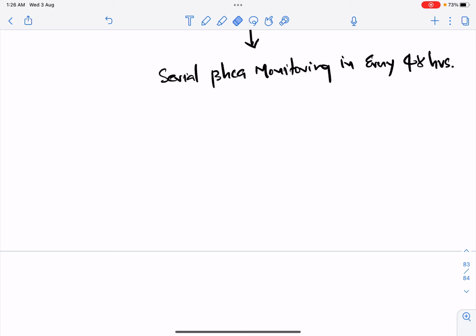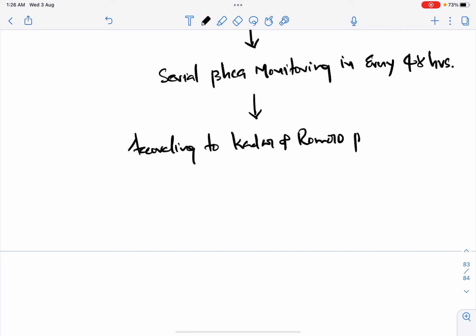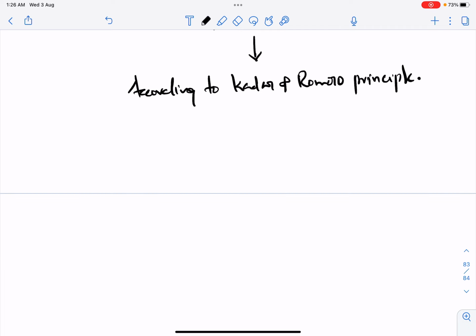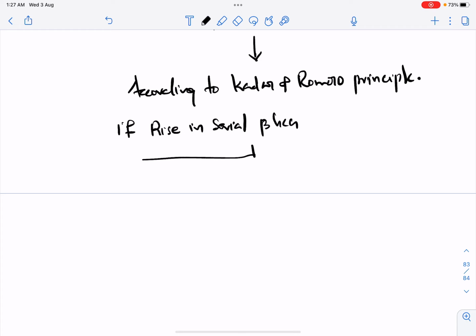It is done according to the Kadar and Romero principle. You have to look for the rise in serial beta HCG. If the rise in serial beta HCG is like this.